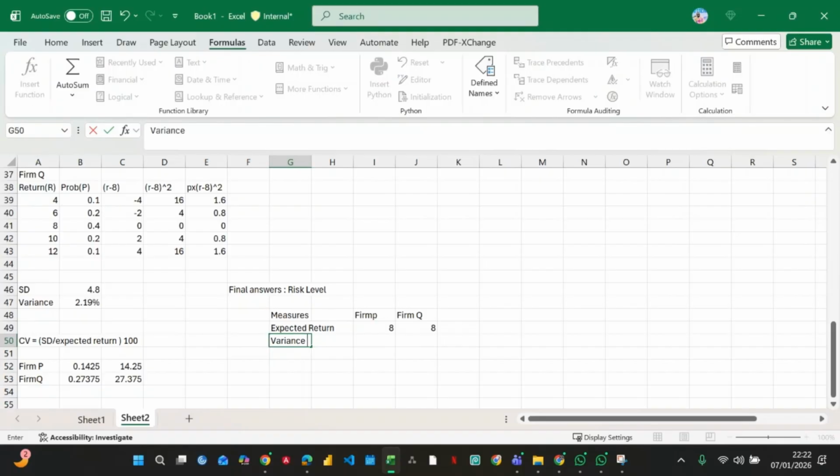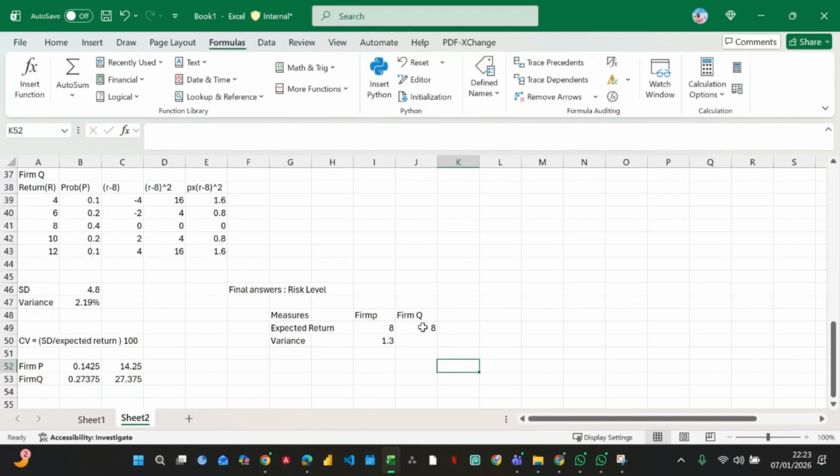Everything is already there. But then we have our variance, which is 1.3 for this one, and 4.8 for this one.